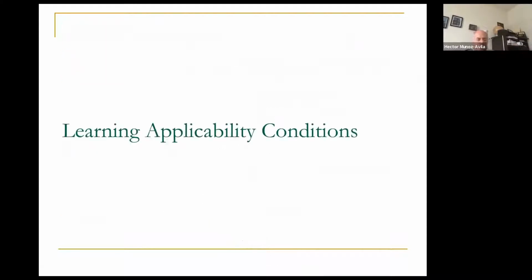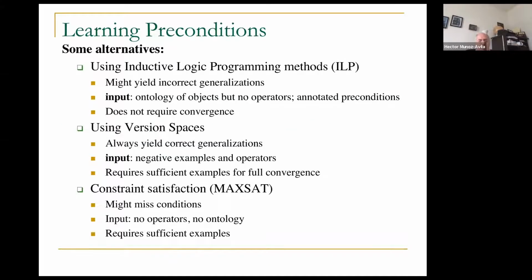Okay, so with that, I mentioned there are 2 components of the learning problem of methods. One is learning applicability conditions, and the other is learning structure. I'm presenting them in this presentation separately: learning preconditions and learning the structure.